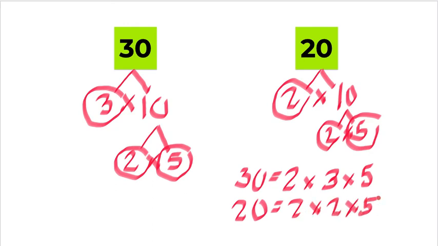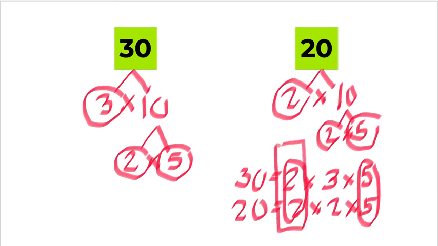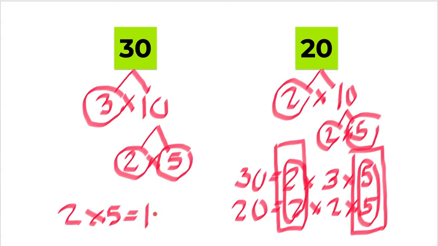Now try to check. Are there any common numbers? Yes, there are. And the numbers are 2 and 5. Since there are two common numbers, all you need to do is to multiply the common numbers. Common 2 and another common number, which is 5. So 2 times 5, the answer would be 10.